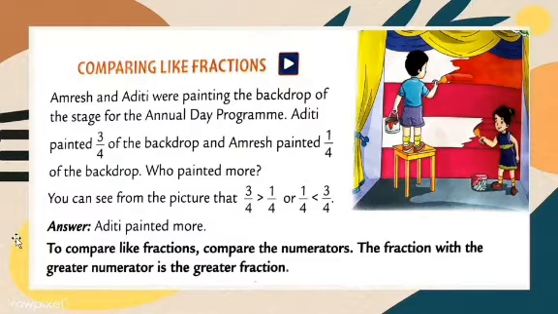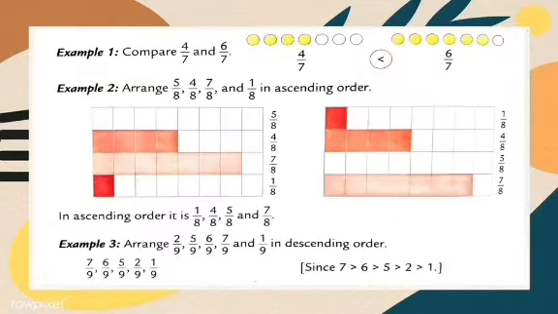Understood, my dear students? It means we only have to check the numerators. Here we don't check any kind of denominators. So now let's check the first question of this first example. Compare 4 upon 7 and 6 upon 7.